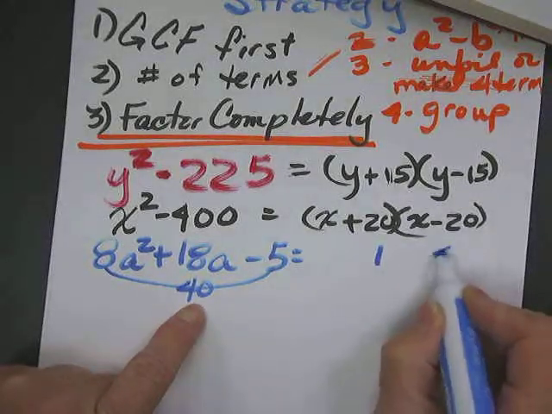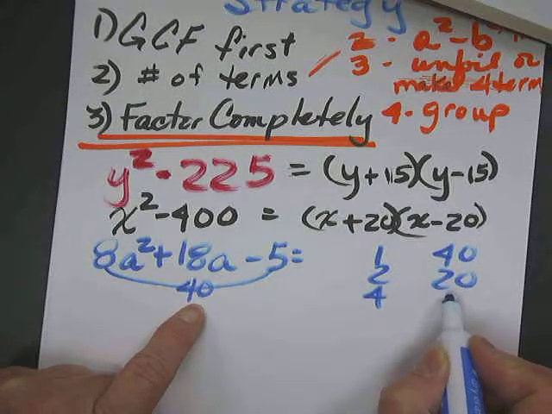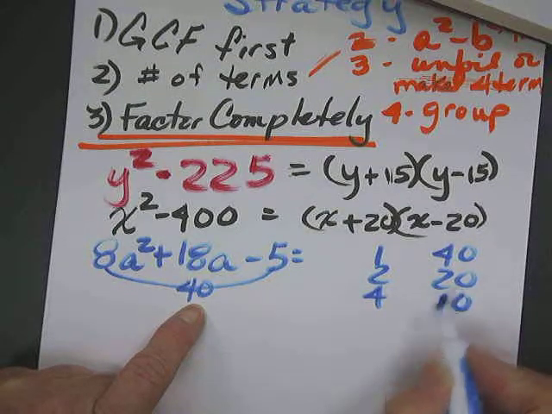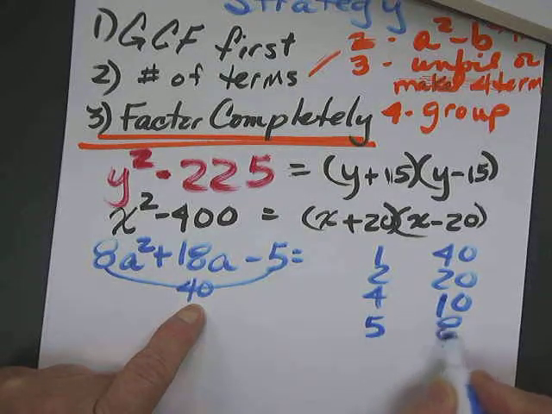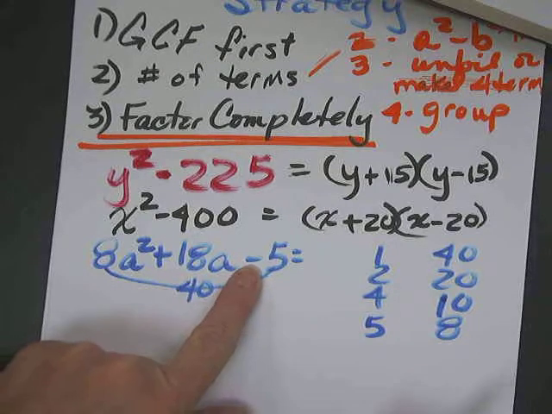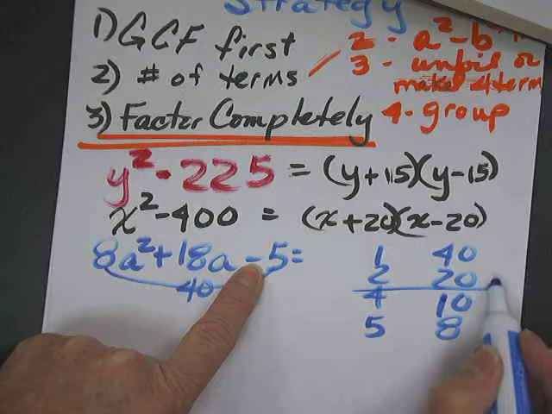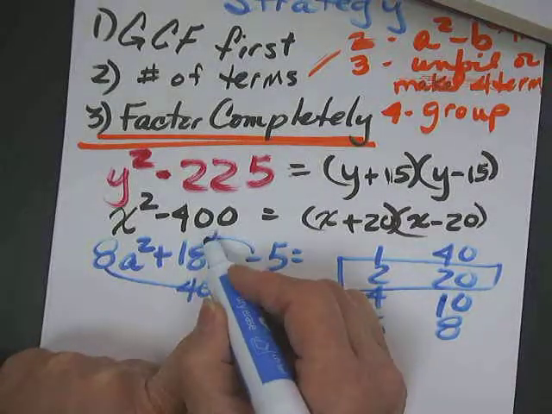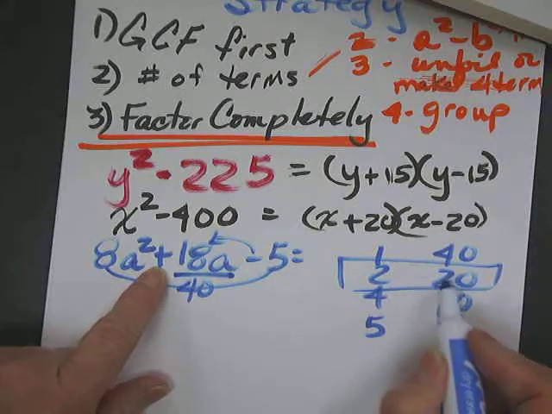8 times 5 is 40. Okay, what are the factors of 40? 1 times 40, 2 times 20, 4 times 10. 5 times 8, okay. Which ones subtract to give us 18?